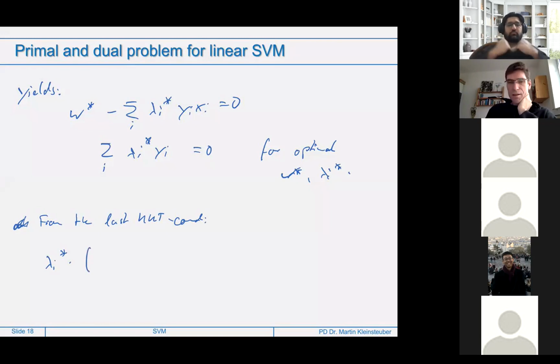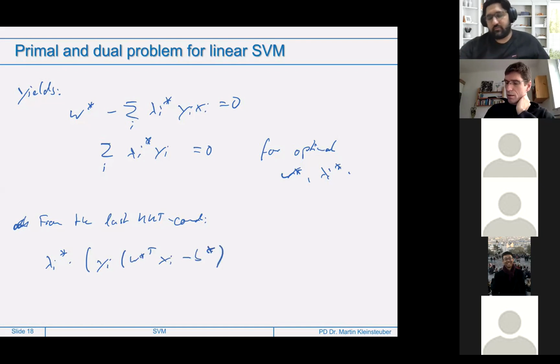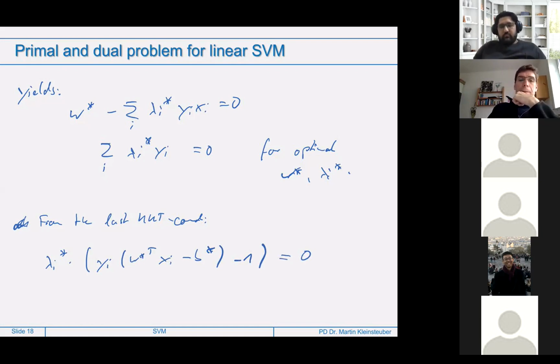So we have here lambda I star times yi, and then we have the W star transpose xi minus b star minus 1 is 0. Okay, and the last equation is the equation why support vector machine has its name, actually, where the name comes from.